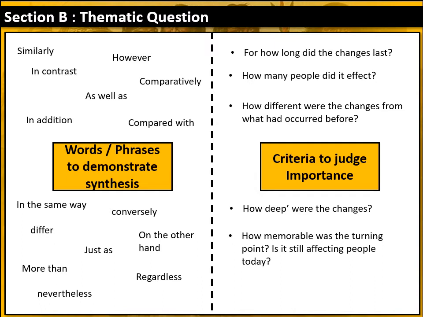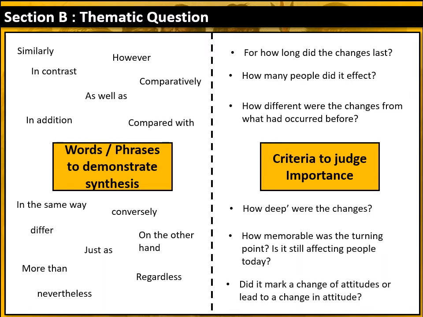We could talk about how memorable the turning point was. Is it still affecting people today? Is it still looked upon as a significant turning point retrospectively? That's trickier in this course because we don't go into the kind of historiography, what other historians think of turning points. But it is a valid criteria we could use.